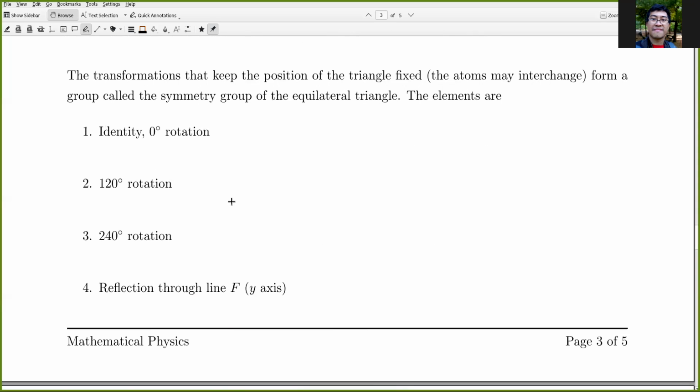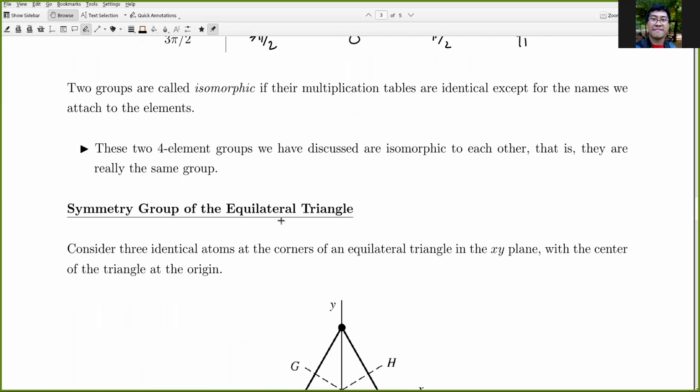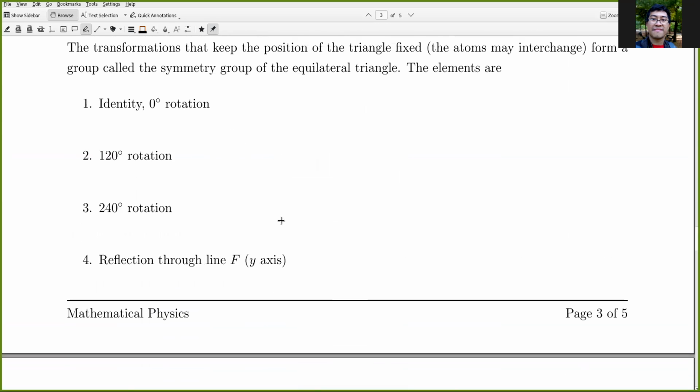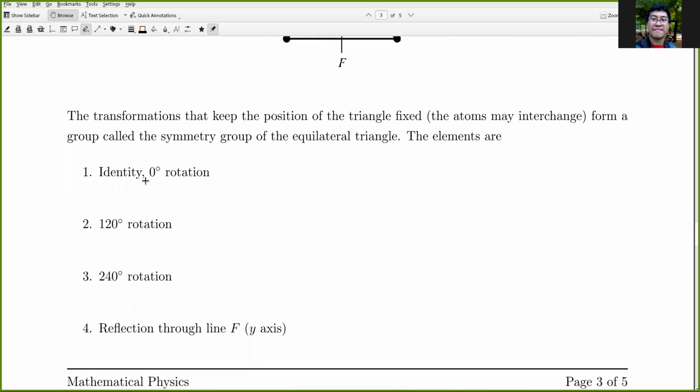They can be represented just like the 2 isomorphic groups here. So we can represent this by different numbers. For example, the identity, we can represent it by a matrix. Let's call the matrix I. I is just the identity matrix: 1, 0, 0, 1.